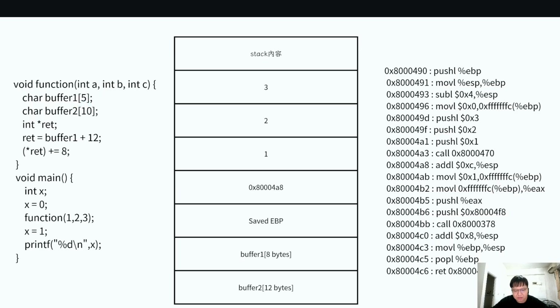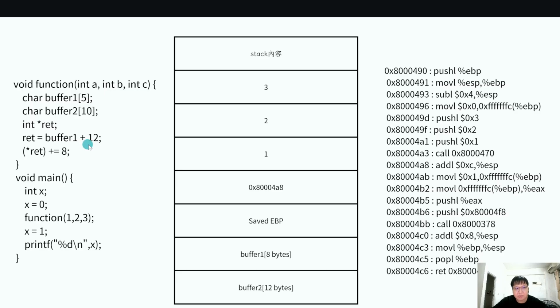The compiler aligns memory to 4-byte boundaries, so it actually occupies 8 bytes. The return address is located 12 bytes above buffer 1. That is why the code uses buffer 1 plus 12 to reach the return address.